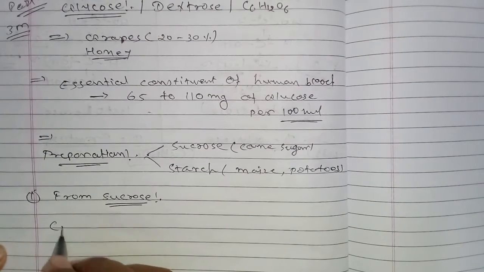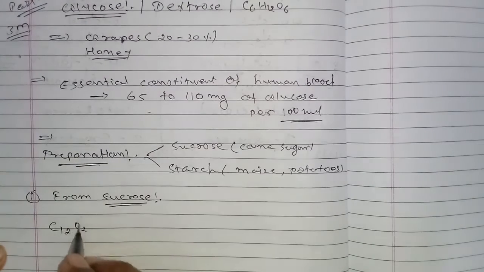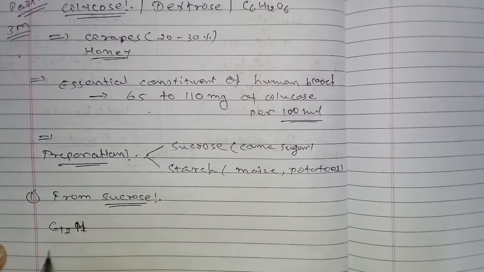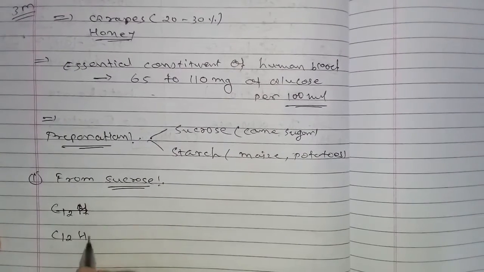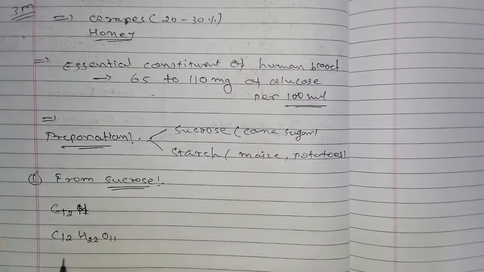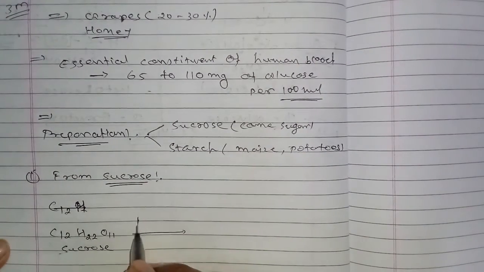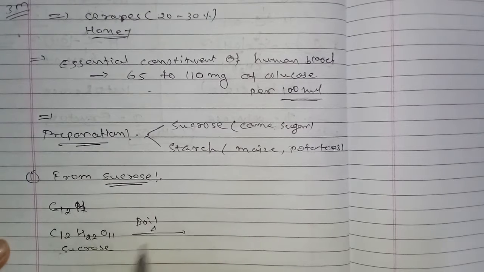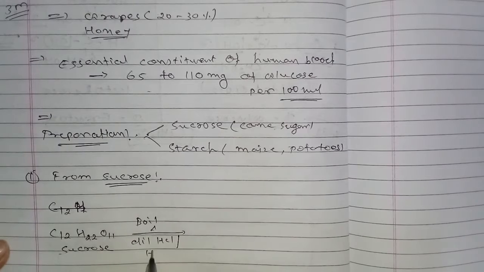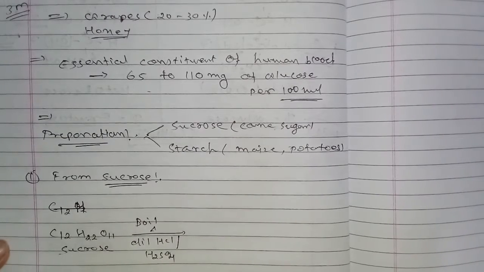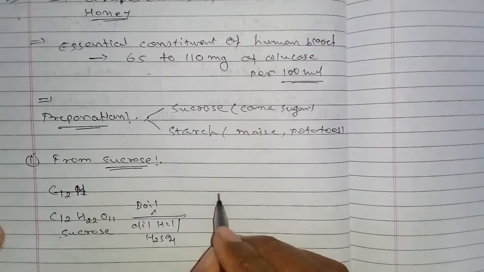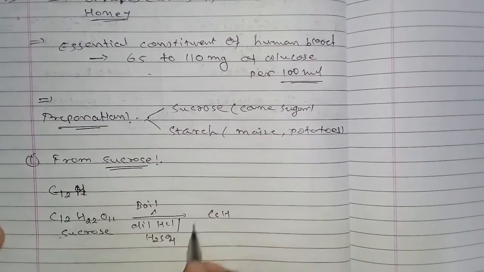Sucrose, C12H22O11, when boiled with dilute HCl or sulfuric acid, gives glucose and fructose.